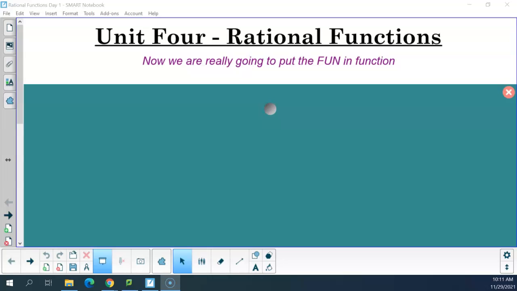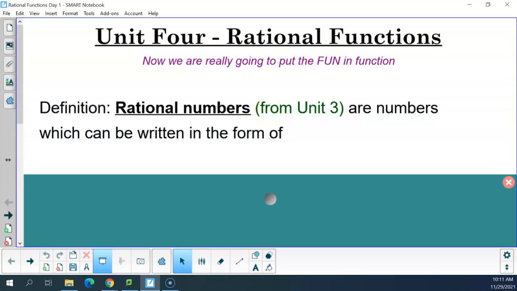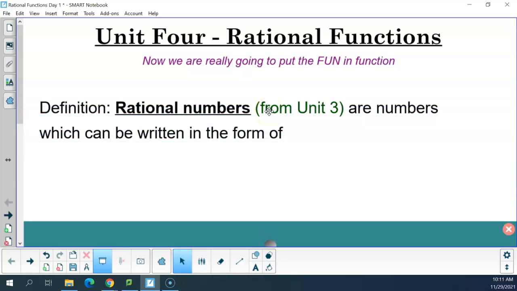So in the last unit, we talked about rational numbers. We used the rational zeros theorem to figure out a list of all of the possible rational zeros that a function may have.